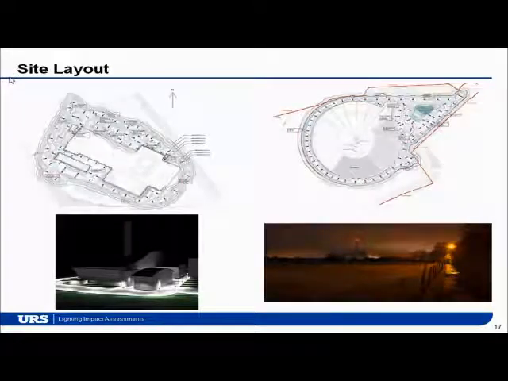These are two examples of site layout, just to illustrate how this can have a big impact on the sensitive areas. These are both energy from waste centres. On the left-hand side, you have one where there was 24-hour working in only half of the site, and the site that was visitor access only was on the side of the sensitive areas.